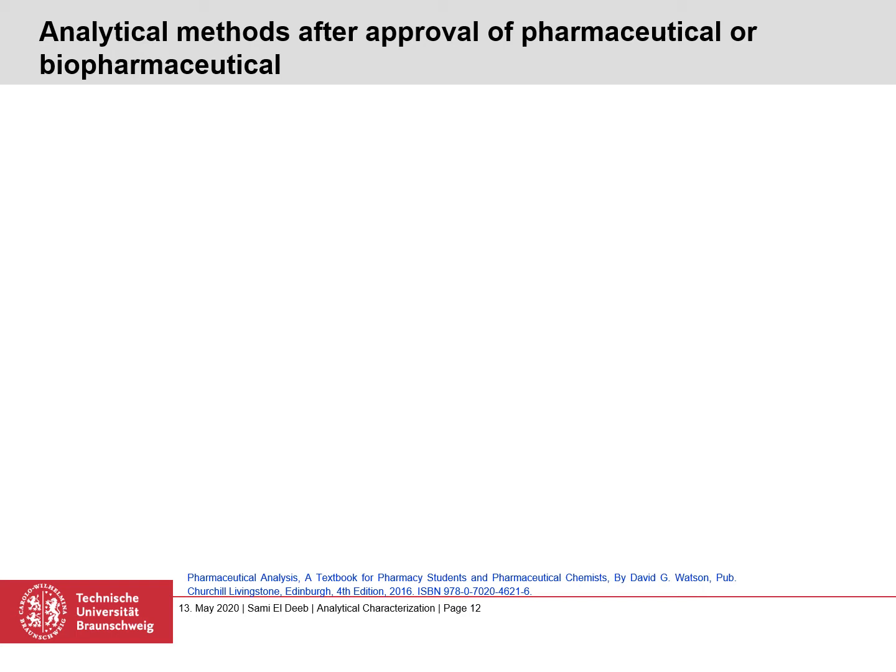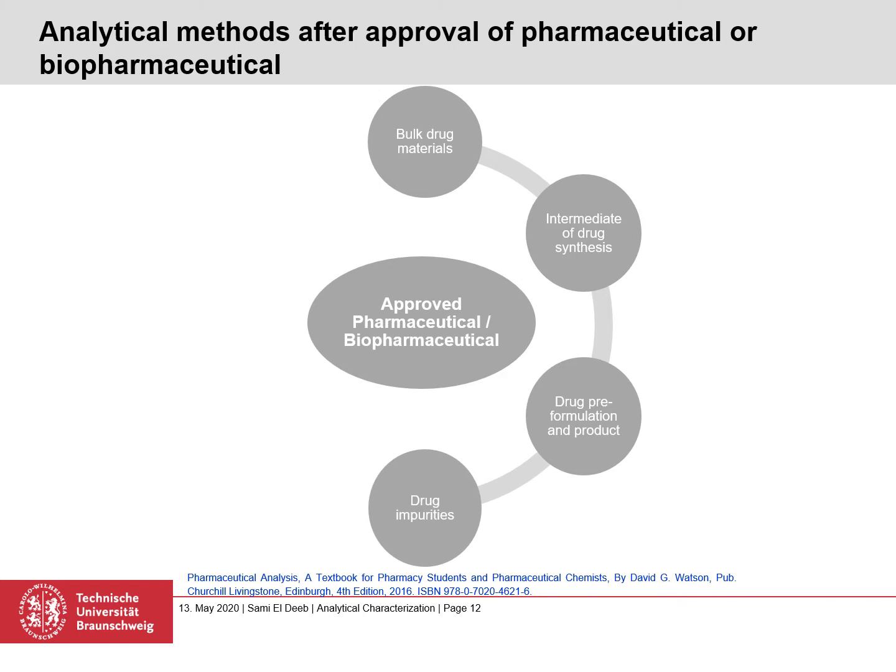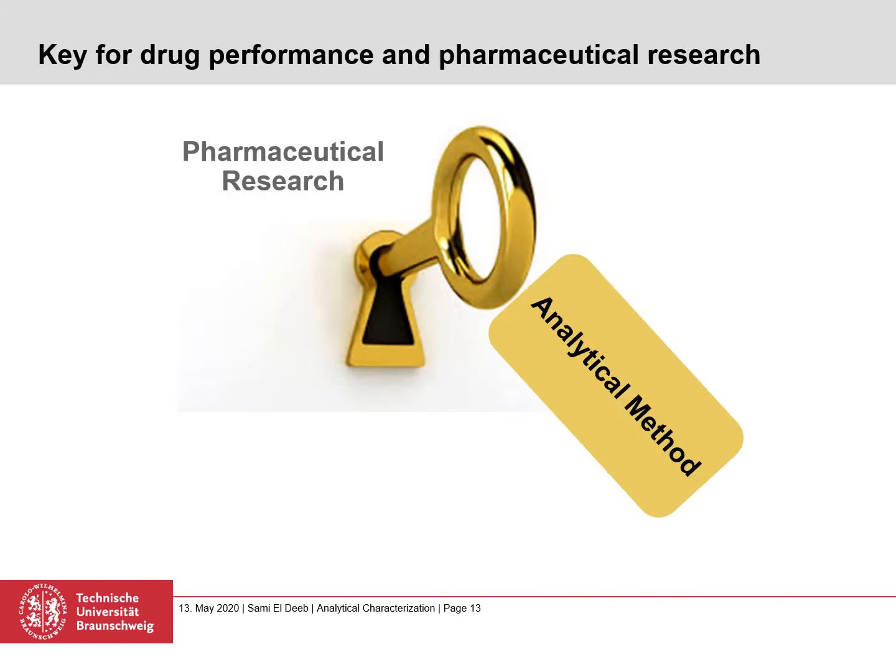Analytical methods are required for approved drug, for example, to study their bulk drug materials, to check their quality, for intermediate of drug synthesis to follow up the synthetic process, for drug pre-formulation to check their compatibility, for drug impurities to ensure the absence of impurities, for drug degradation product to check stability, and for cleaning validation to ensure good manufacturing practice. This is why one can say that a proper analytical method is the key for pharmaceutical research.